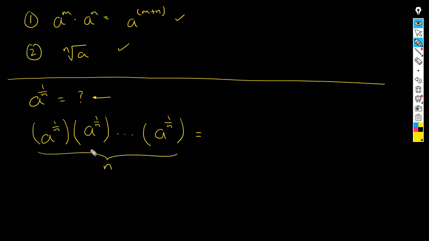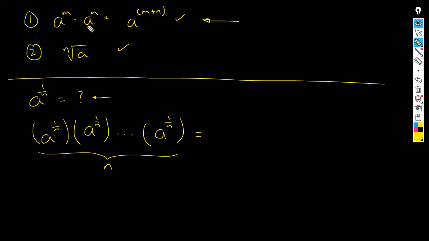So what's going to happen if I do this? I'm multiplying the same number by itself n times. And I want you to look at this law, one of the first laws that we learned: a to the m times a to the n equals a to the m plus n. Can I use this law somehow over here? Yes. Why?